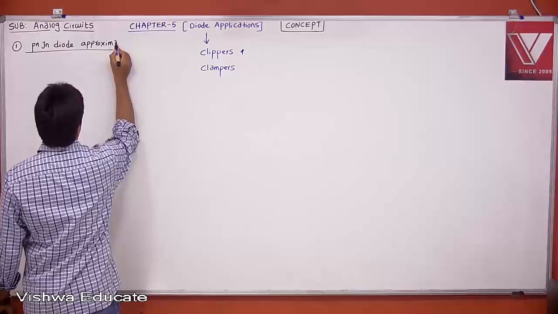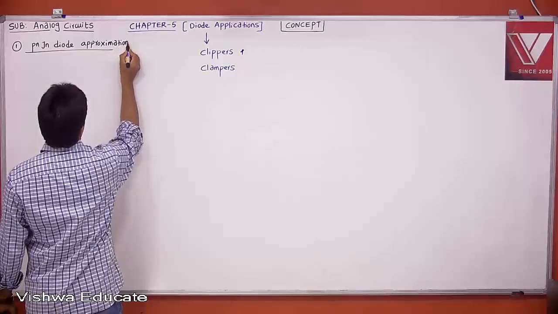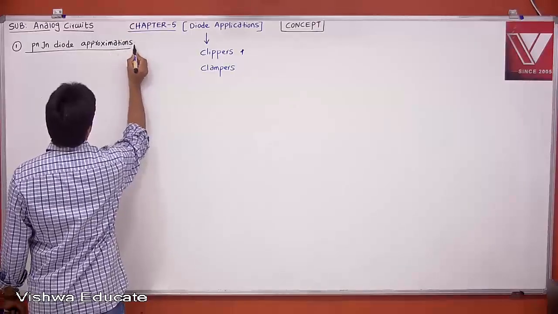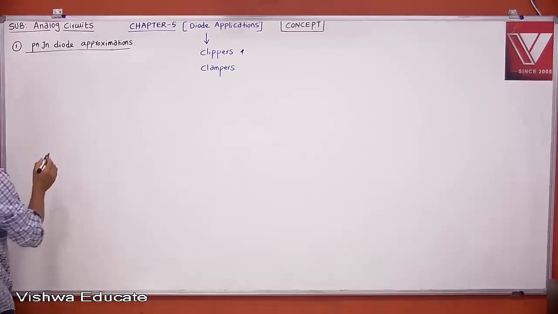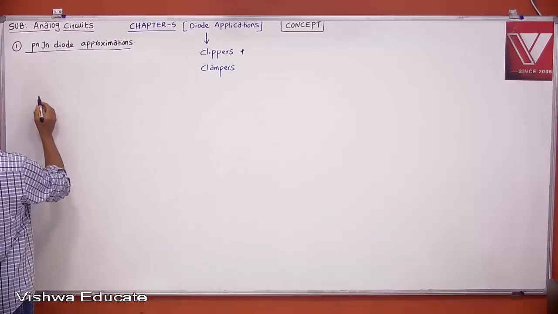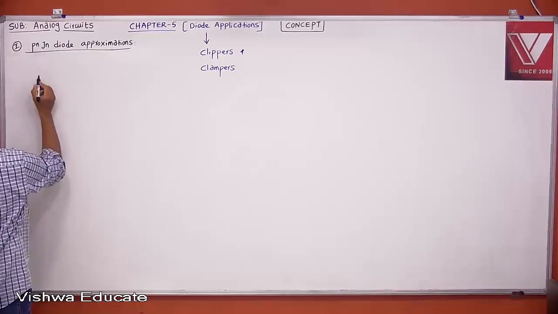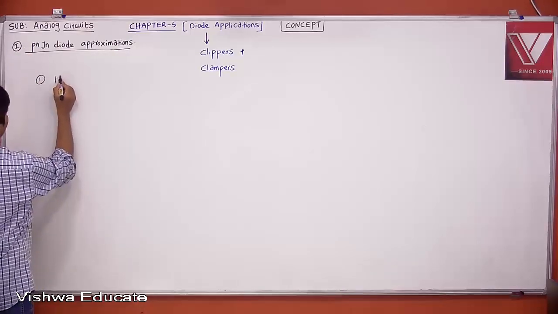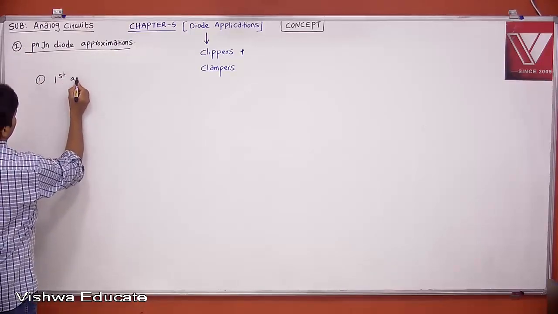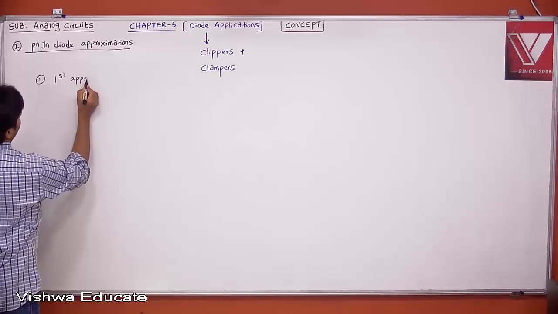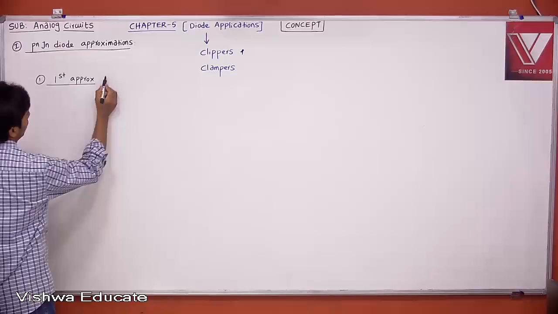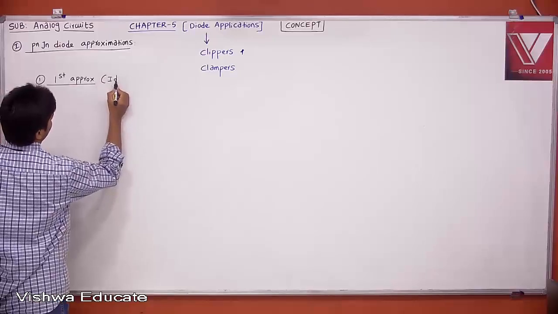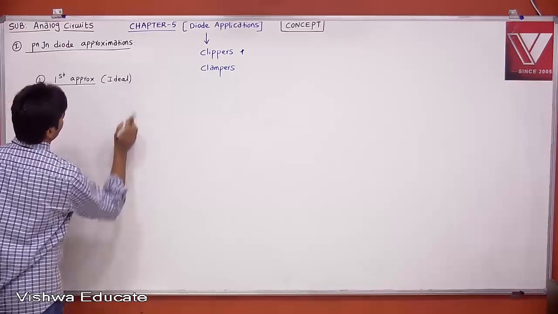Don't write anything, just listen. Number 1, the first approximation. Basically, this is your ideal model.